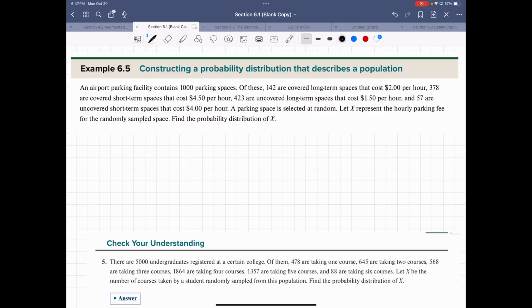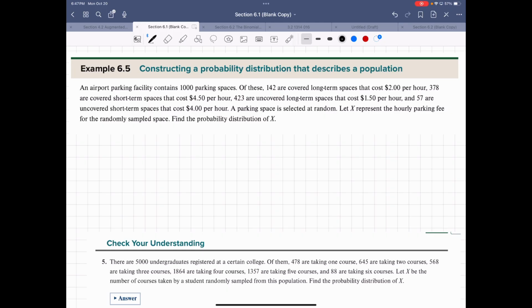And 57 are uncovered short-term spaces that cost $4 per hour. A parking space is selected at random. Let X represent the hourly parking fee for the randomly sampled space. Find the probability distribution of X.